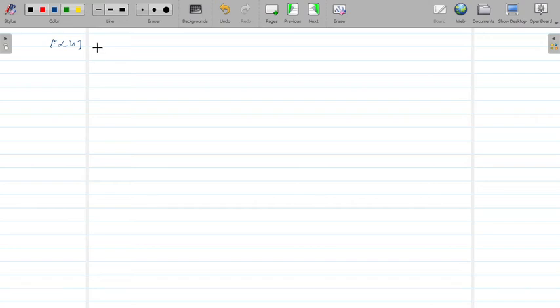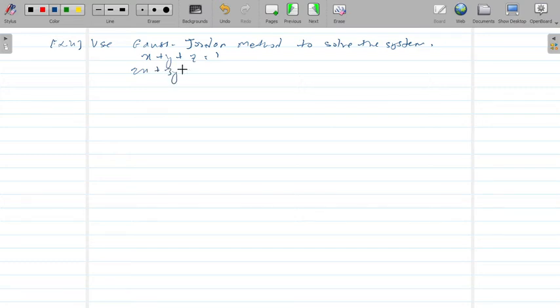Use the Gauss-Jordan method to solve the given system of linear equations: x plus y plus z is equal to 1, 2x plus 3y plus 4z equal to 1.